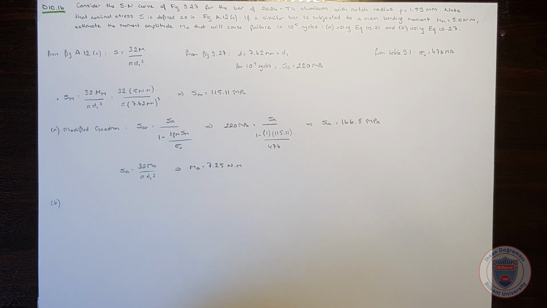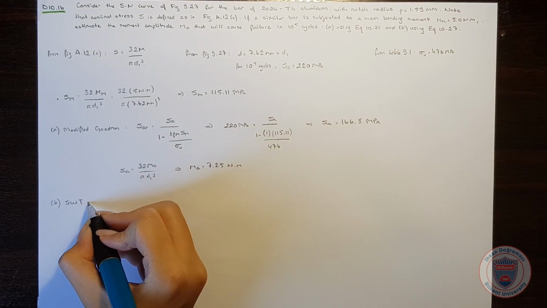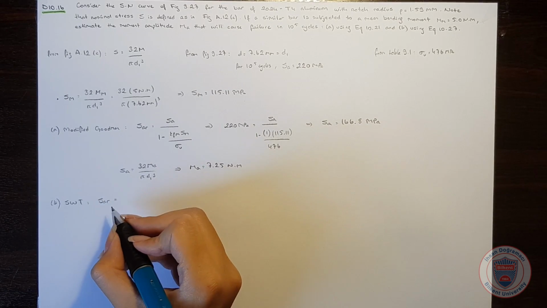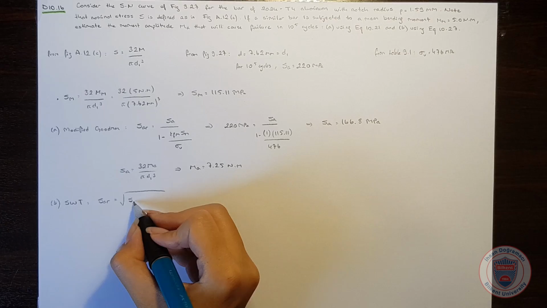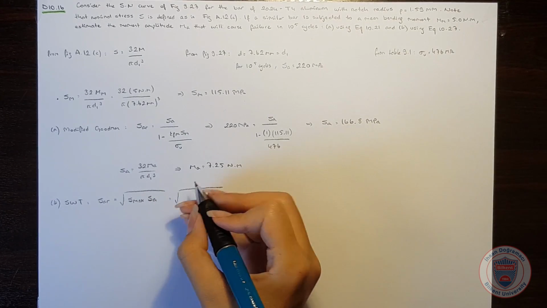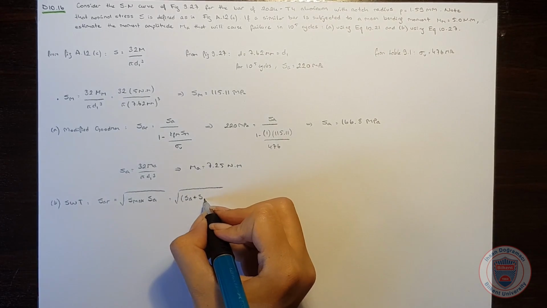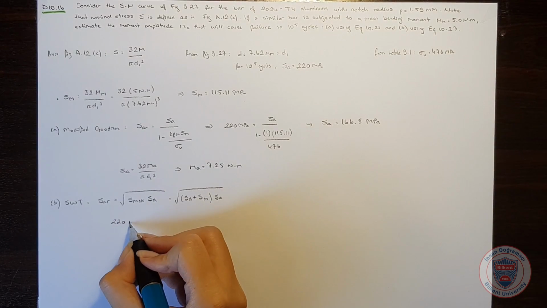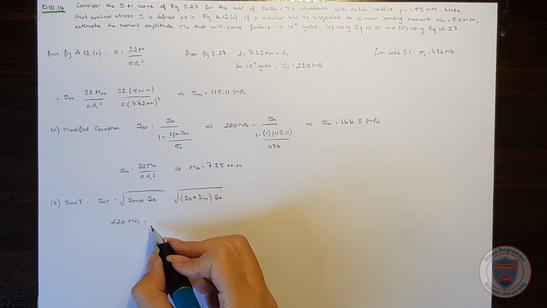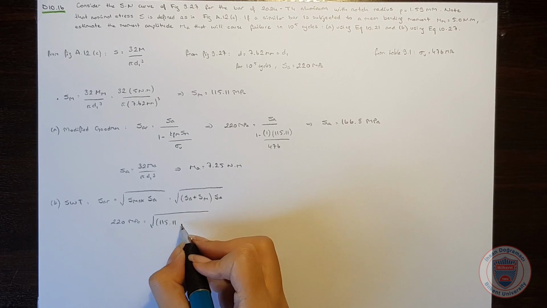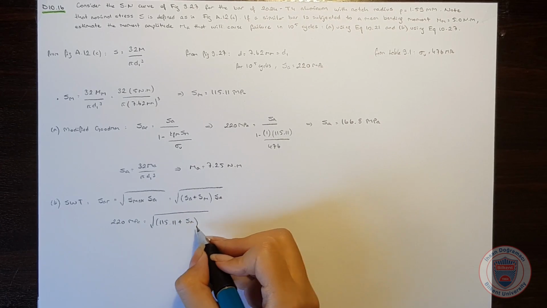When we make our computations according to the SWT equation, we can say that SIR will be equal to the square root of Smax times SA, and we know that Smax is equal to SA plus Sm, so that 220 MPa will be equal to the square root of 115.11 MPa plus SA times SA.